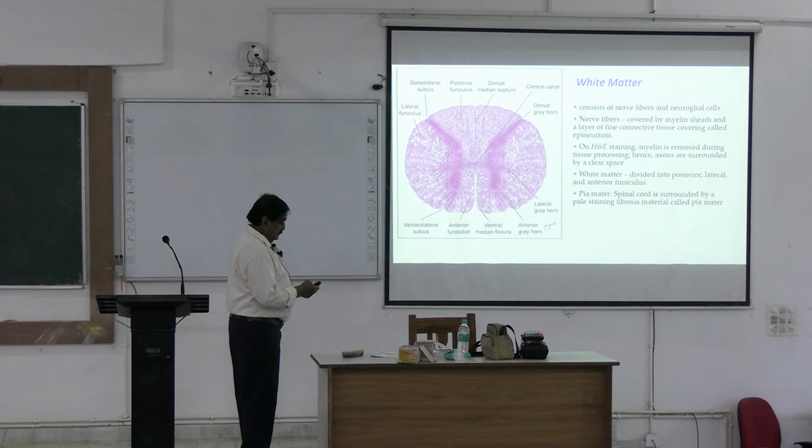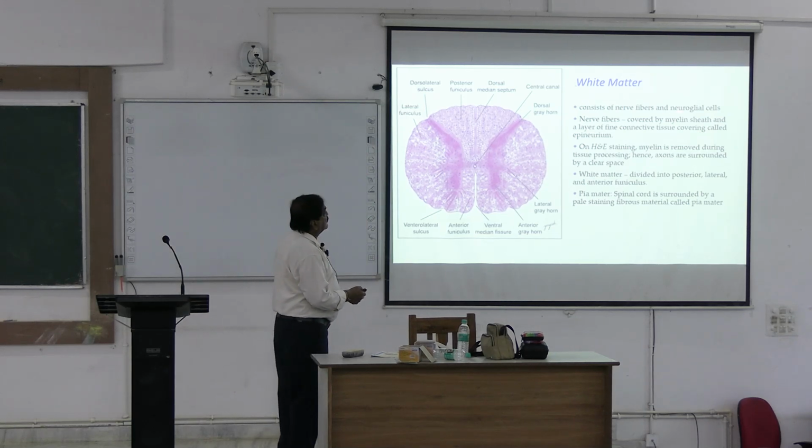White matter: now see, white matter consists of nerve fibers and neuroglial cells. Nerve fibers are covered by myelin sheath and a layer of fine connective tissue called epineurium.